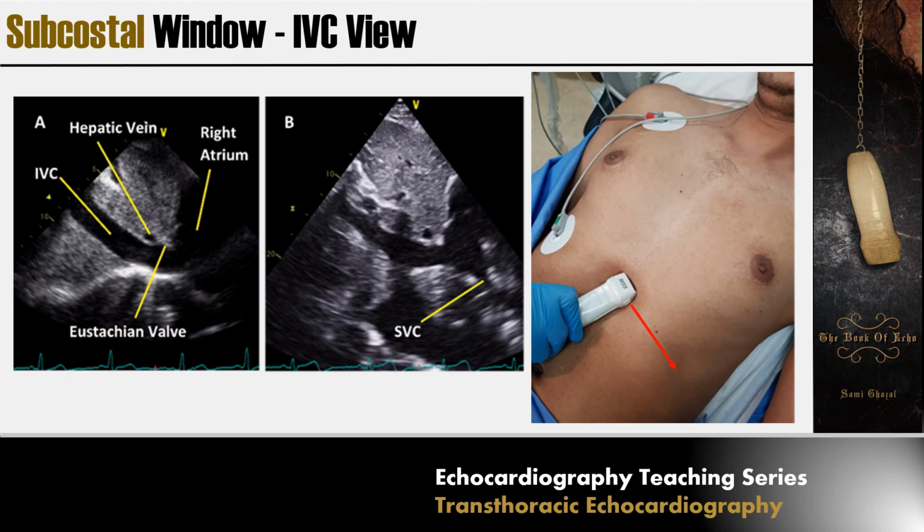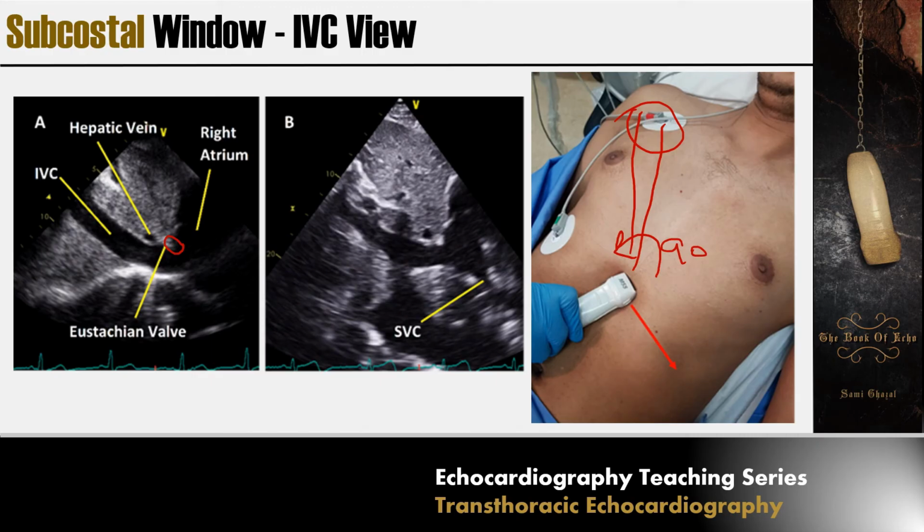Now to get the IVC view, from the four-chamber view you rotate the probe counterclockwise by 90 degrees and angulate the probe so the beam will be directed toward the patient right shoulder here, and then you will get the IVC into the view. You will see the IVC and the right atrium, and sometimes between the right atrium and IVC you will see the eustachian valve.